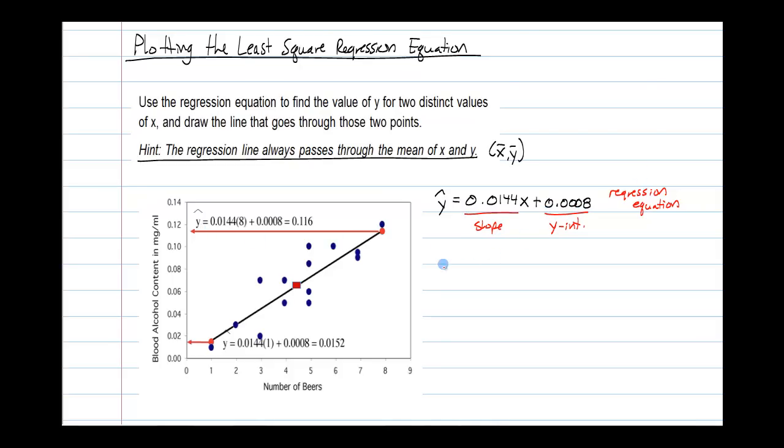Now what's happening here is we're using this to predict what's going on at a particular value. So here I'm using this to see what's going on with 8. This would mean if I had 8 beers, what am I predicting my blood alcohol content to be? So I would plug in 8 for x because that's my horizontal variable here, that's my explanatory variable.